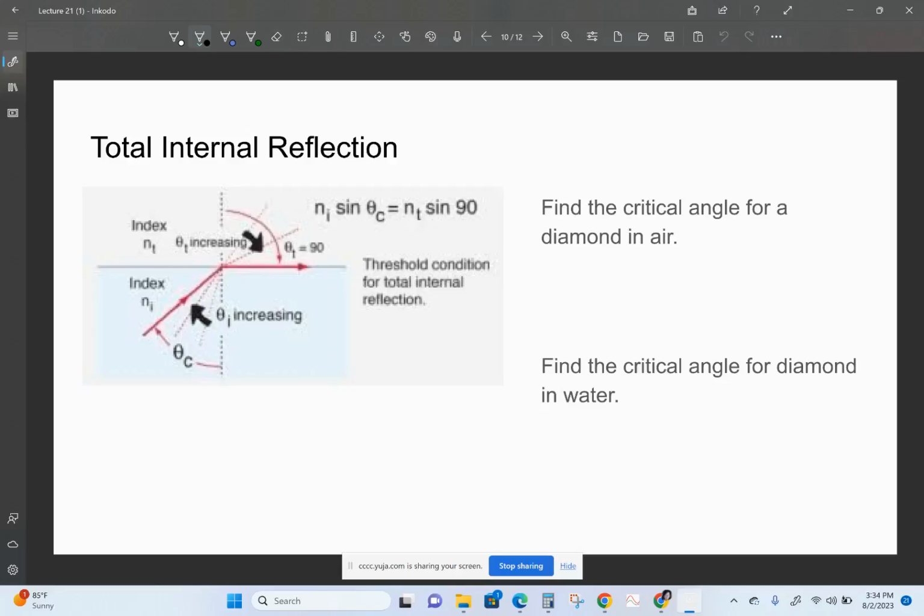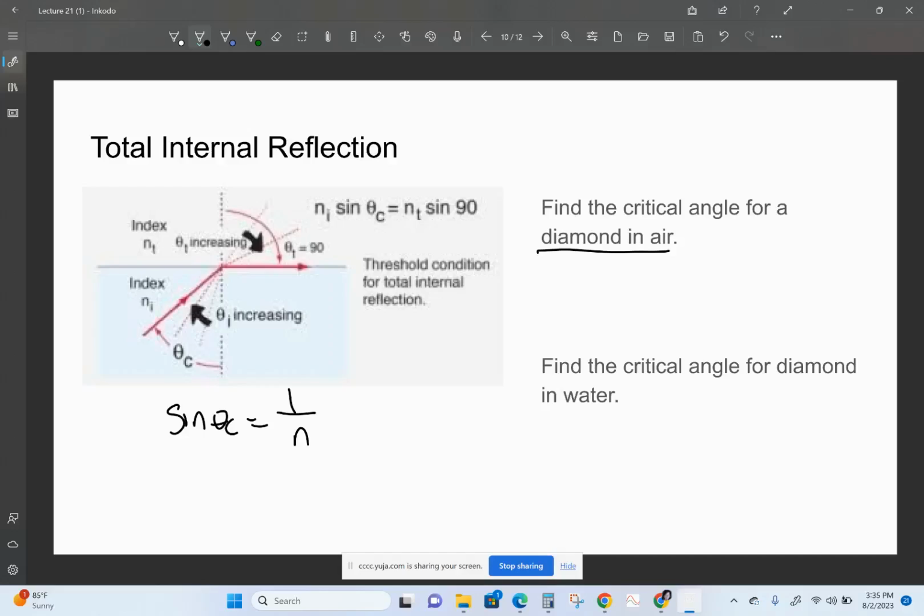So basically, if we want to find the critical angle for any substance, we're going to use sine of theta C equals 1 over n of that substance, assuming that it's the critical angle for diamond in the air. That assumes that we're going out into an n of 1.00.